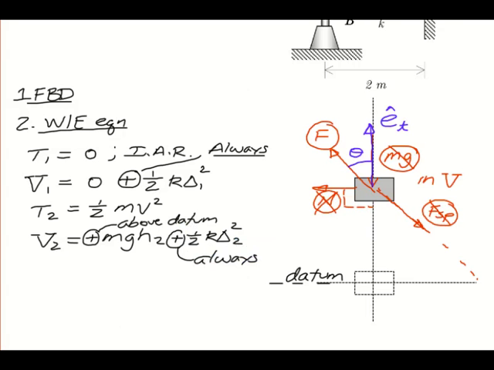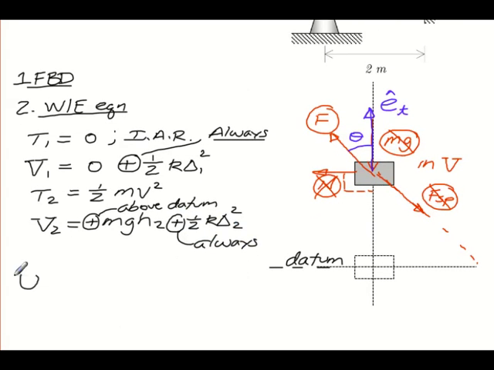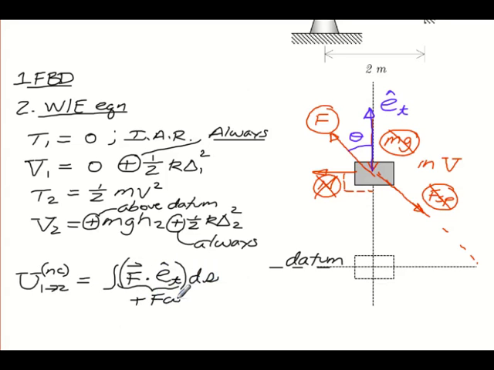And we now need to find the work. So the work is all done by F. If I take F as a vector, I dot it with the unit vector over which B moves, and then integrate it over the path of B. I know that this is going to be a plus F cosine, a plus because the cosine projection onto the path is always pointing the same way as the motion.